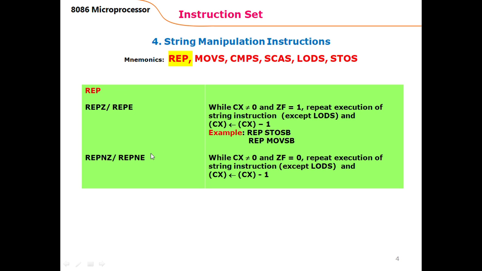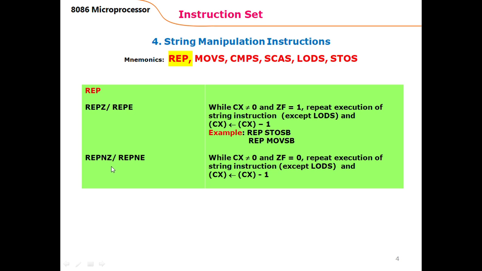Similarly, there are other forms of repeat prefix, and that is repeat if not zero, REPNZ, and repeat if not equal, REPNE. These prefixes would cause the string instruction to execute as long as the counter value is not 0 and the zero flag is 0. The zero flag was 1 before, and the zero flag is 0 here because here the condition is different.